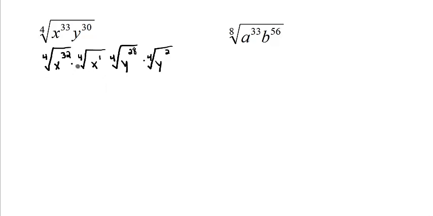Now I want to move everything into exponential form. I'm going to take 4, swing it around, and that's going to be x to the 32nd divided by 4th power. If you swing 4 around and divide 1 by 4, that's not going to help us, so we're going to keep it in radical form.